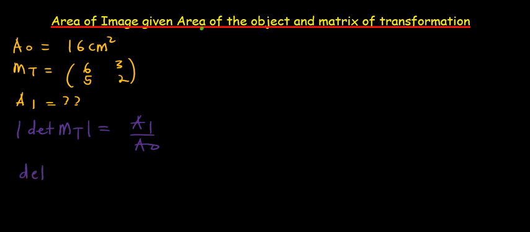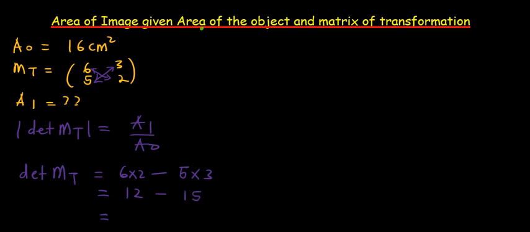So det of MT is equal to, we multiply the entries in the major diagonal, that is 6 times 2, minus the product of entries in the minor diagonal, that is 5 times 3. 6 times 2, that is 12, minus 5 times 3, that is 15.